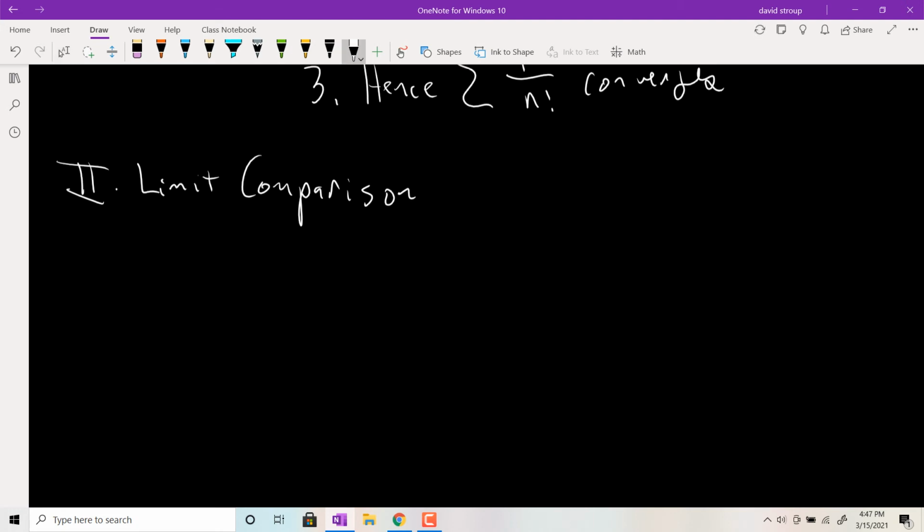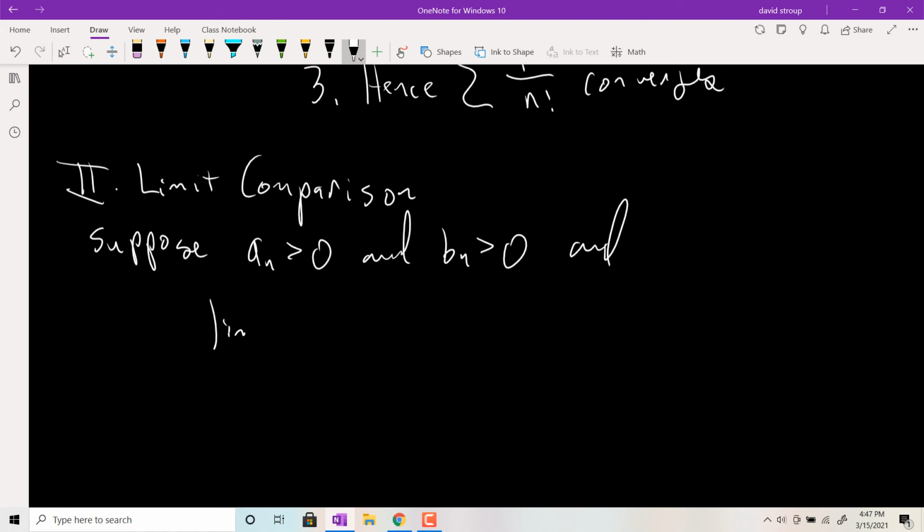Okay, limit comparison test. How does this one go? So suppose you have two formulas for the terms of the series a sub n and b sub n, and they're both positive. And you also note that the limit of the ratio is some number that's finite and greater than 0.